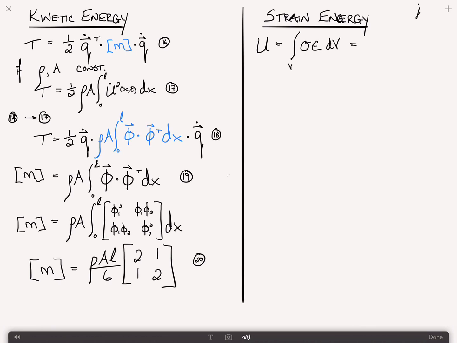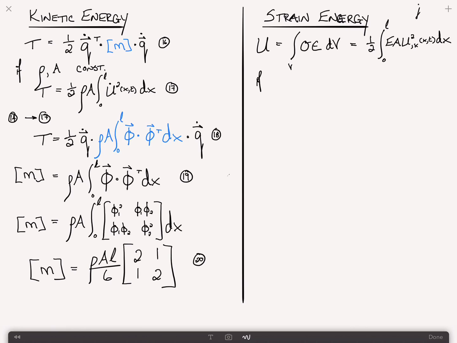And in the case of a bar, it can be shown to be 1/2 the integral from 0 to L of EA u,x squared. That's a function of x and t, dx. Okay?